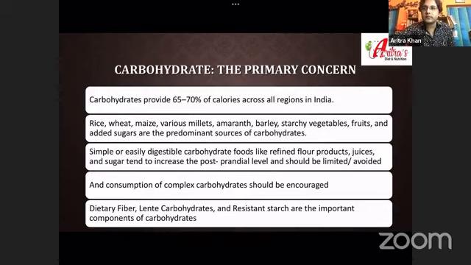Dietary fiber is essential, while sugars may have a very beneficial effect on glucose metabolism.